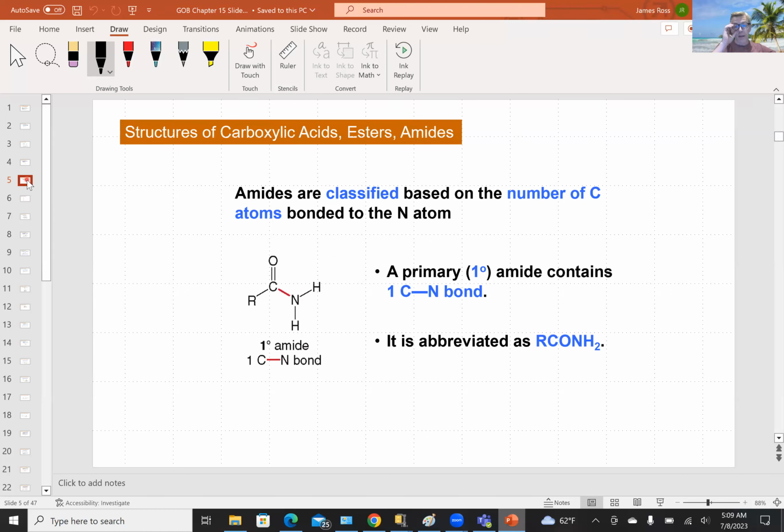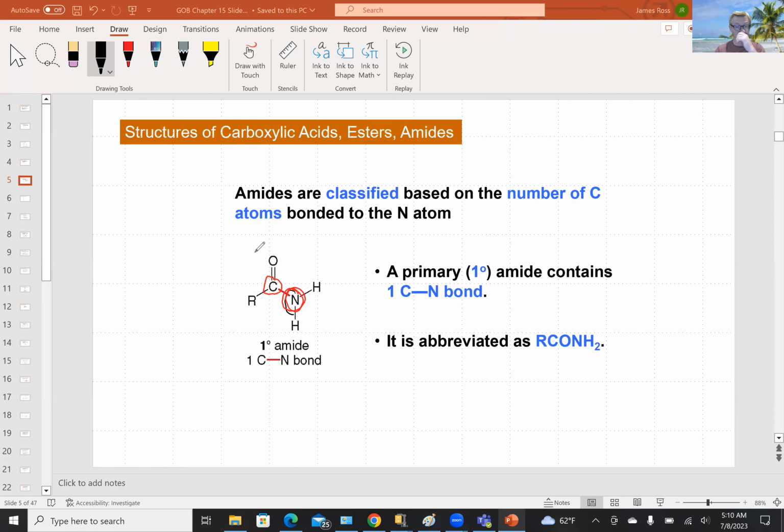We can have flavors of amides. Similar to when we looked at primary, secondary, and tertiary alcohols, we have primary, secondary, and tertiary amides. So a primary amide is where, probably the easiest way to look at it is the amide nitrogen is bonded to one other carbon.